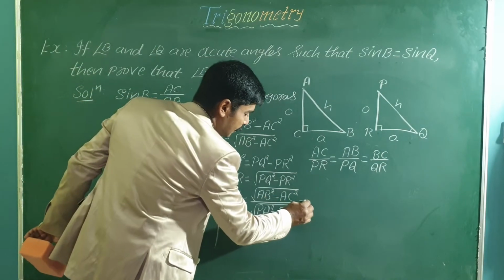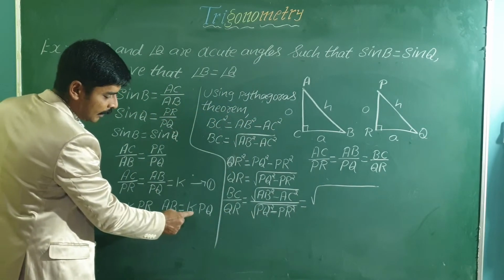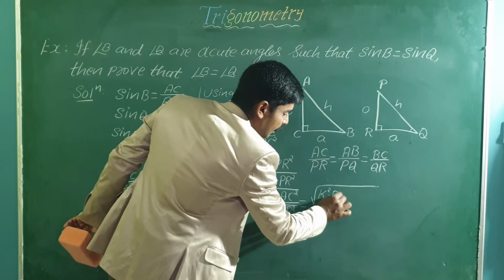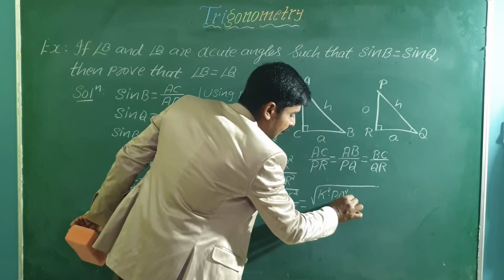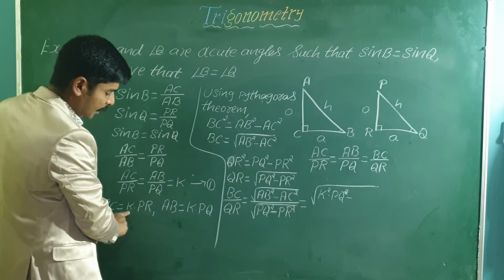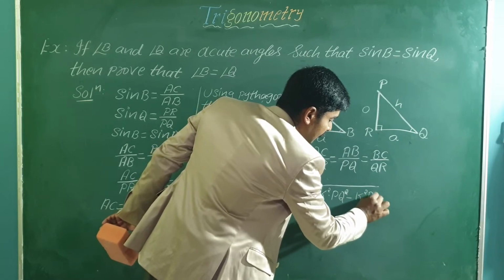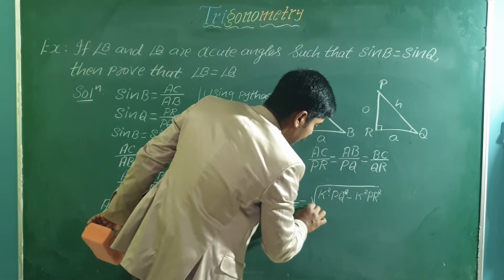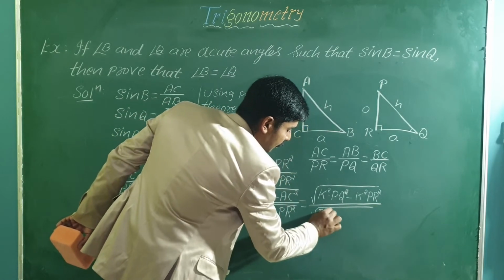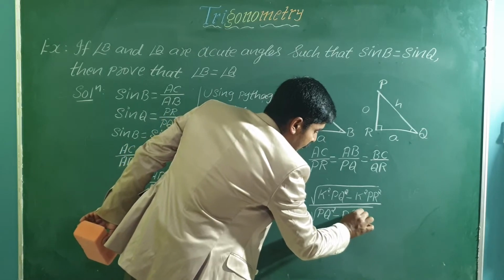So let us do this. Square root of AB square is K square into PQ square minus AC square is equal to K square PR square, all divided by square root of PQ square minus PR square.